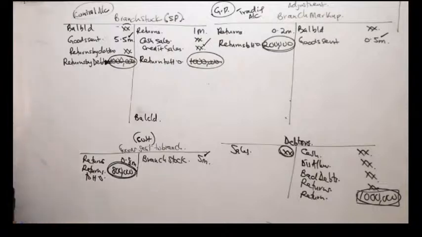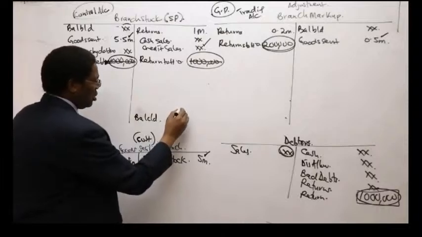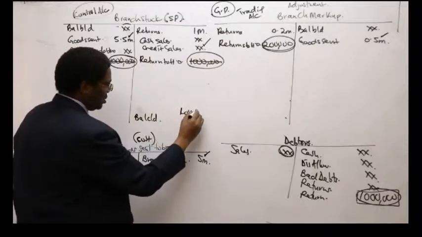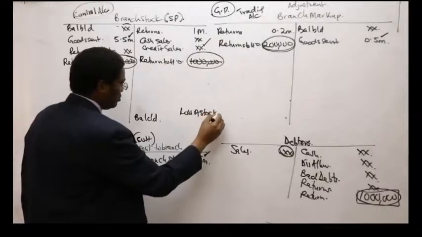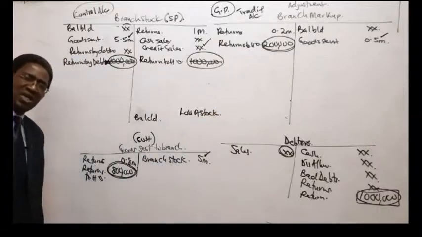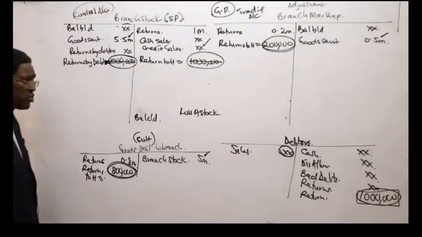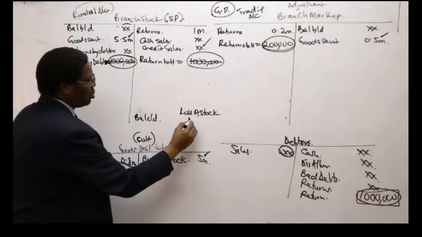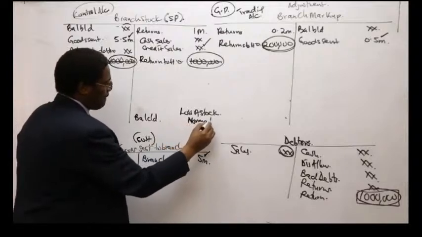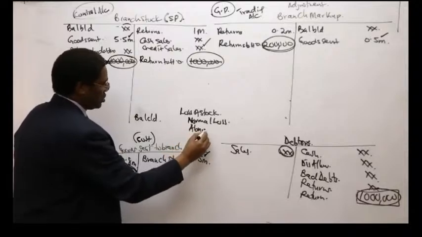So our next entry that we want to discuss is this. At the branch, there could be what we call loss of stock. From your previous classes, I hope you know that there are different types of loss of stock. There is a normal loss of stock, and there is an abnormal loss of stock.